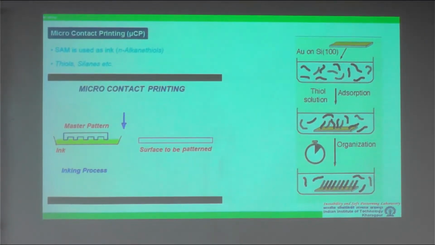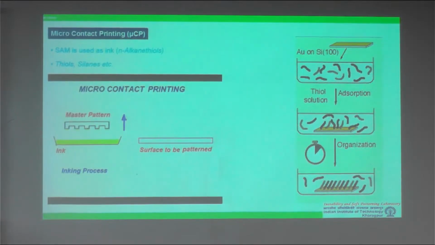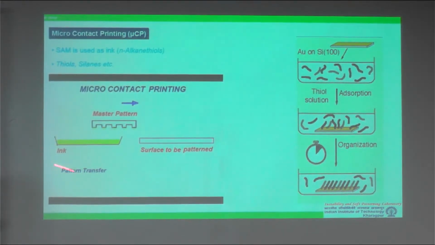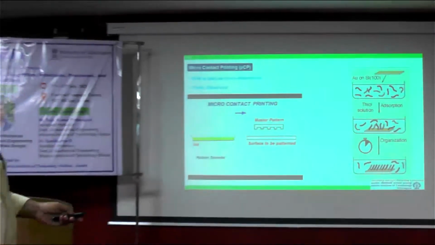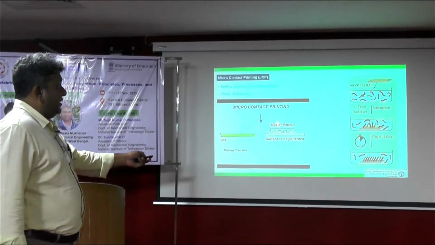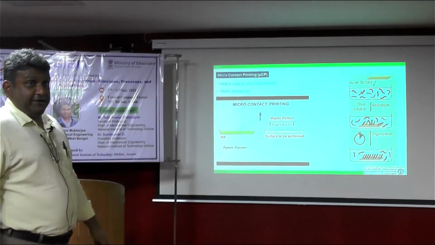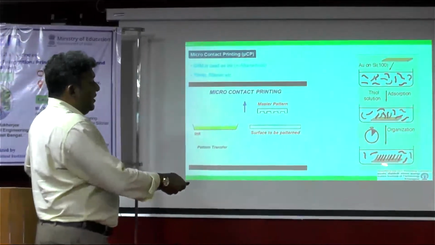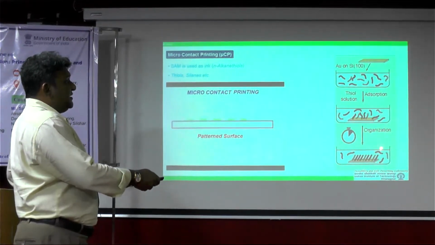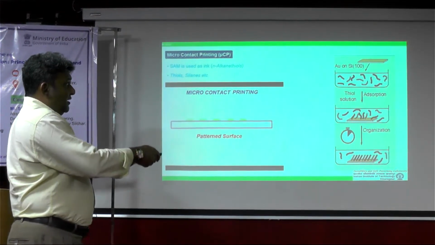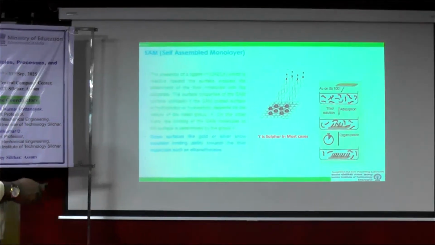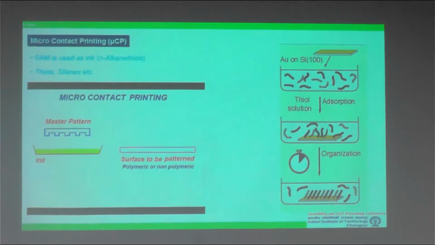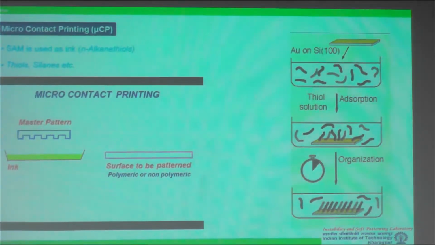What you do, you take a Sylgard stamp and put it in this silane solution, right? And now bring it in contact with the surface to be patterned. So basically what is happening, unlike here, where the full surface is coming to the SAM solution, SAM monolayer is forming over the entire surface.